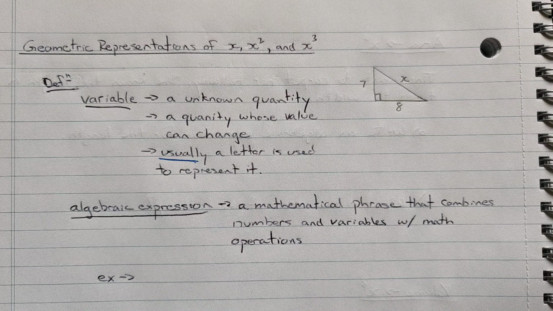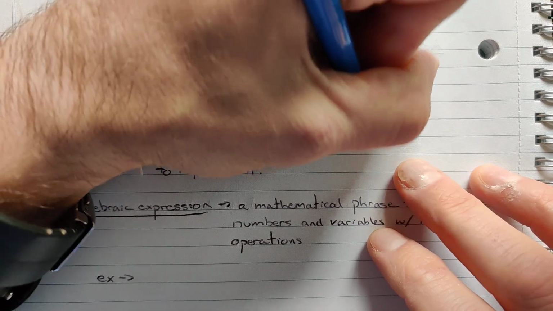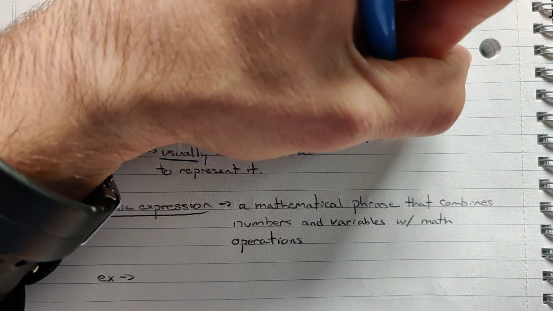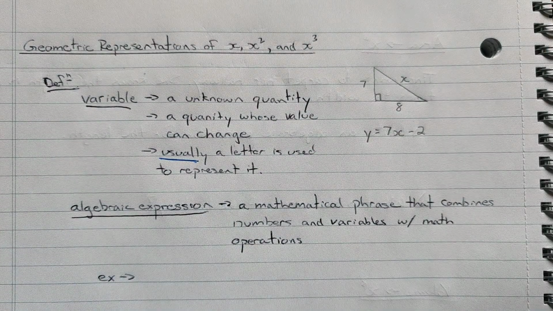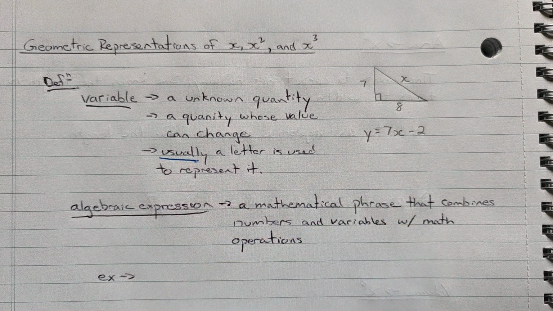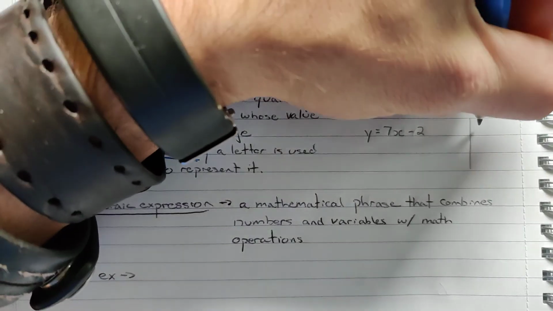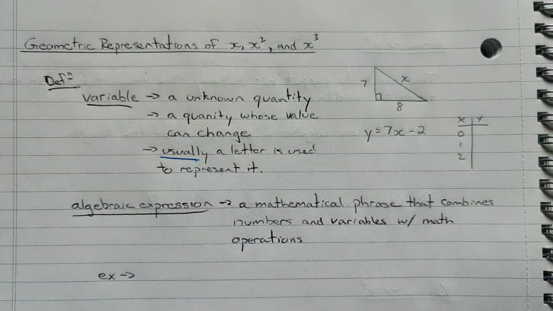Another case is that it's a quantity whose value can change. When we talked about linear equations, something like y equals 7x minus 2, we were able to take those variable values, which are the x and y, and change those depending on the situation. We could make a table of values with x and y and have 0, 1, 2 as our x values.